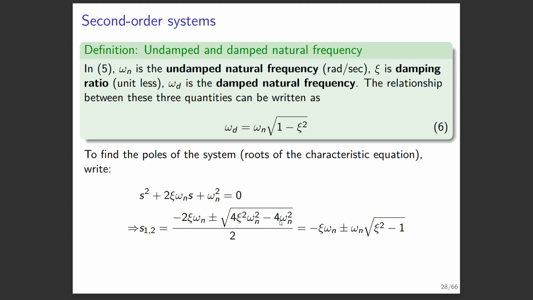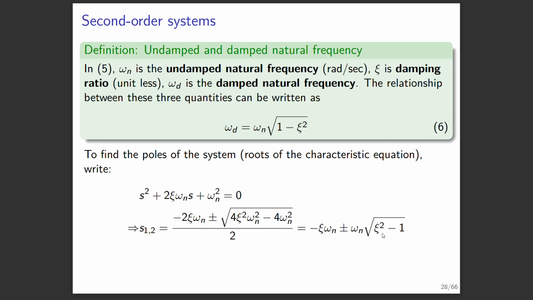If we factor 4 omega n squared out of the square root and simplify with the 2 in the denominator, we end up with negative zeta omega n plus or minus omega n times the square root of zeta squared minus 1. Now, notice that we don't know what zeta is. It's different for different systems. It's what we define here as the damping ratio.